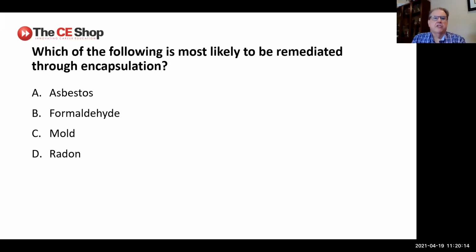Mold is a biological material that grows in various parts of a house. And there's that radon again, that odorless, colorless, radioactive stuff that is a decay product of uranium in the soil. So what is it that we're trying to surround in order to protect ourselves from it? That would be asbestos.